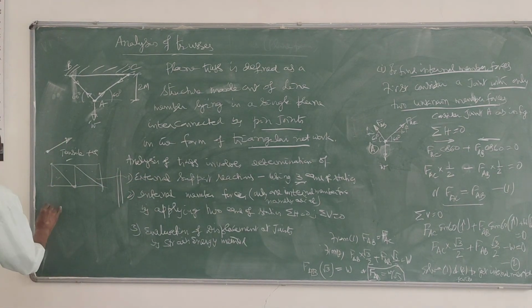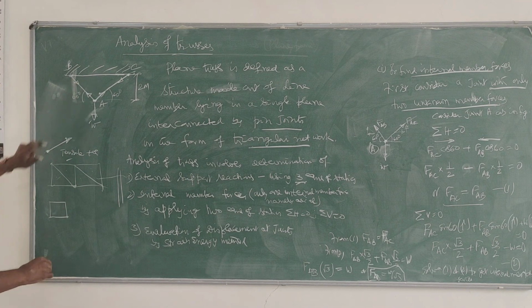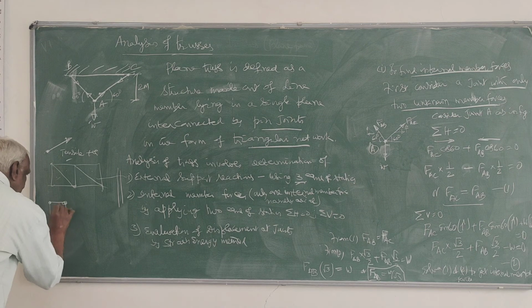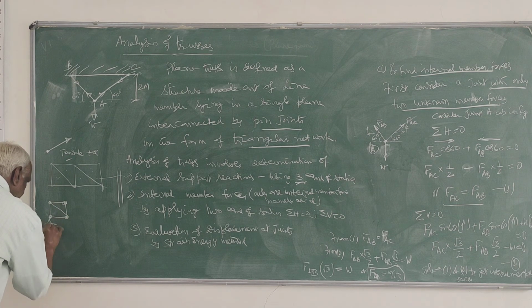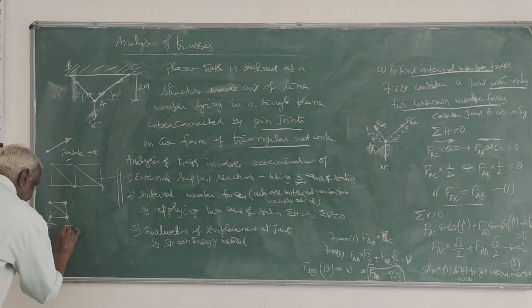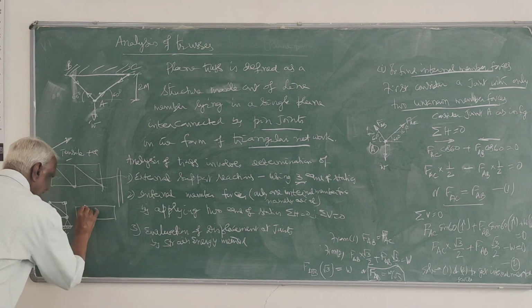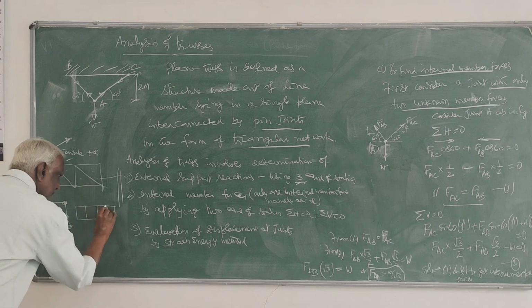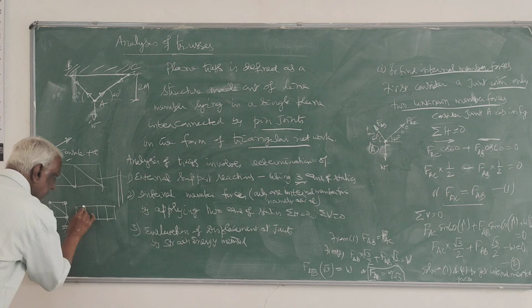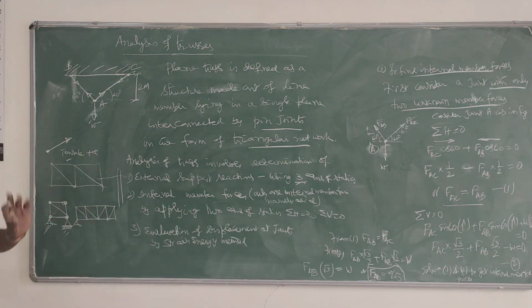In a determinate truss problem, you will have either this type of problem, or this type which has only one hinge and one roller, with any number of joints.